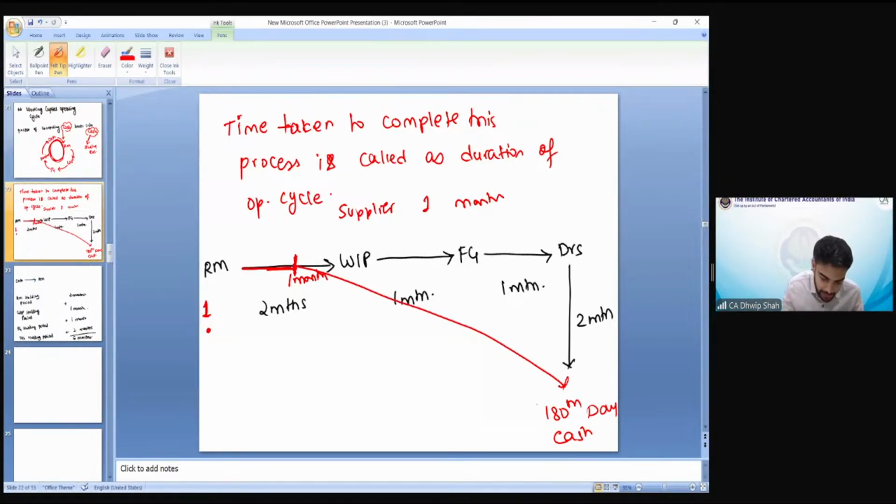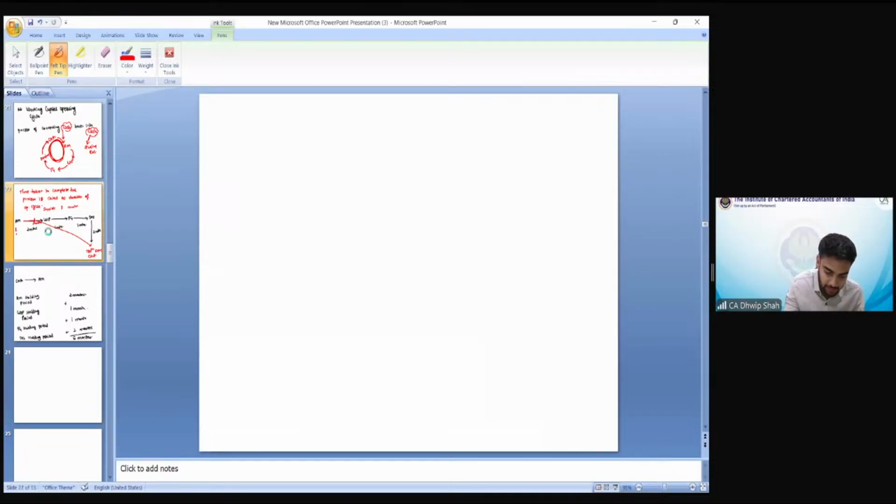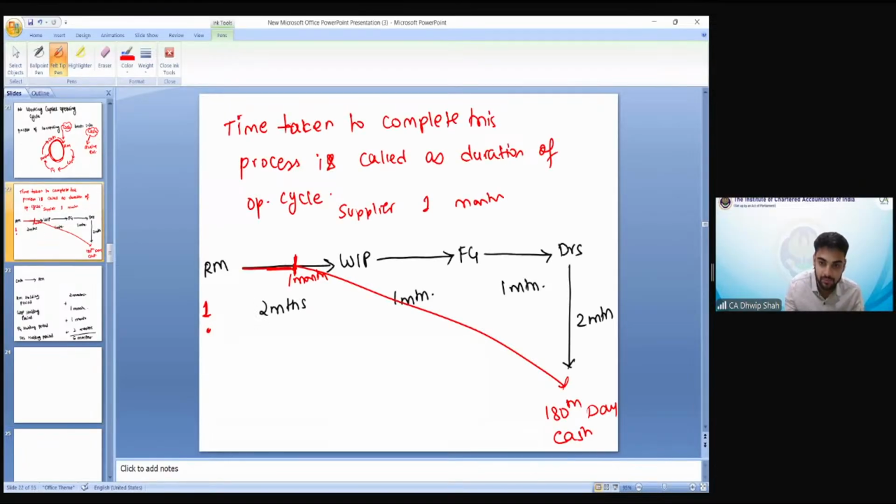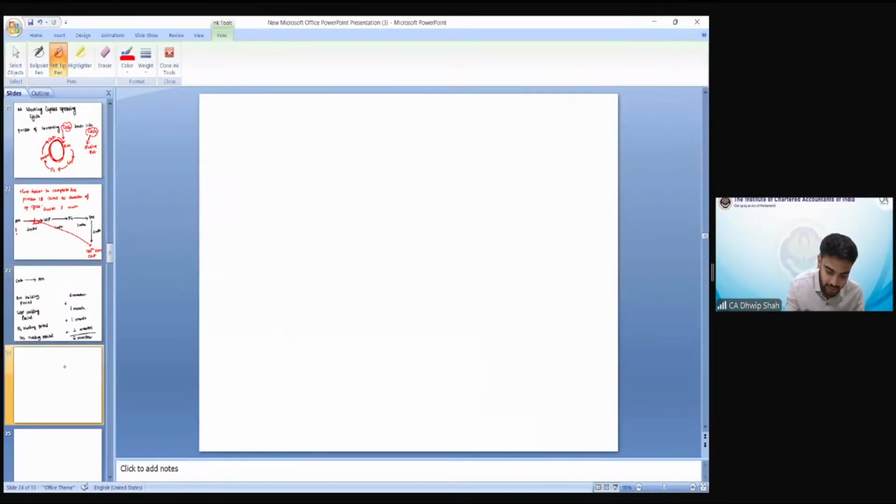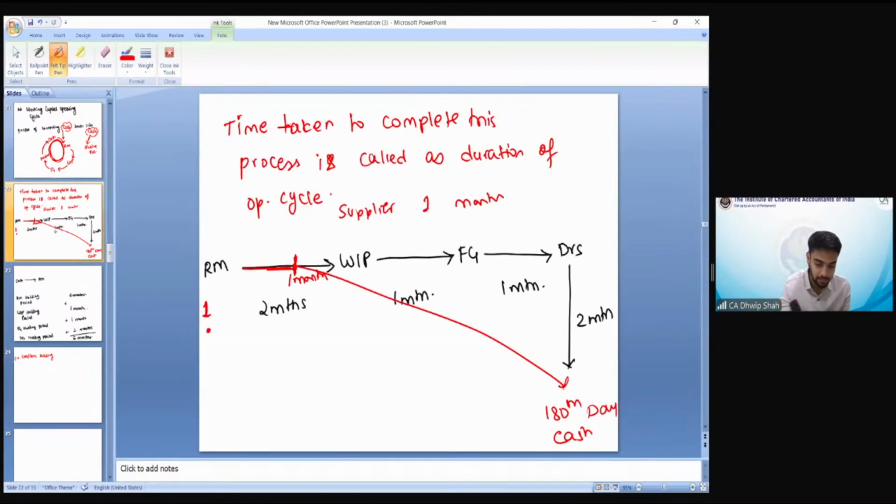So can I say my operating cycle period में से this 6 months जो आज से start किया था ना, उसमें से 1 month less हो जाएगा. Less creditors holding period. Actually, the cash is now blocked for only 5 months, but not 6 months. Why? Because I'm making payment 1 month later.